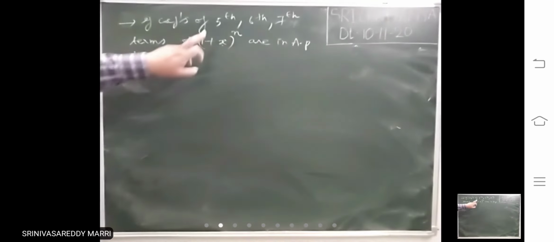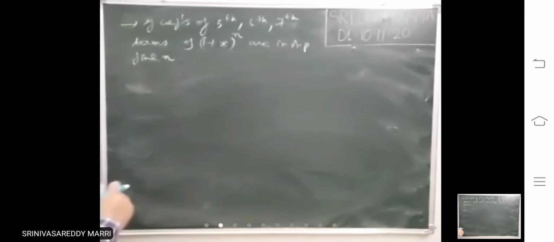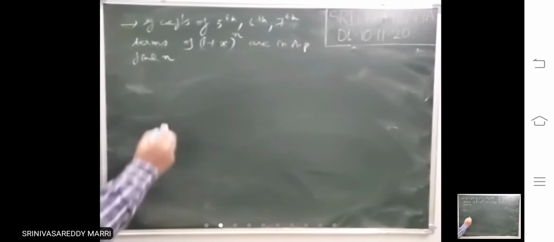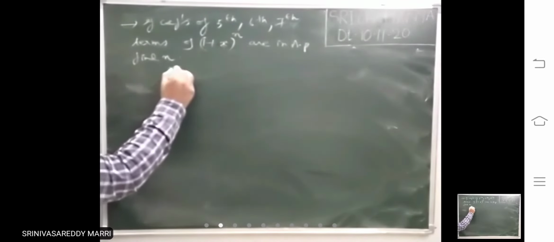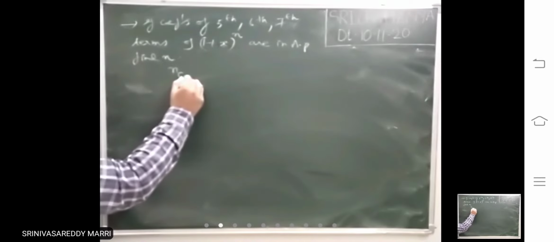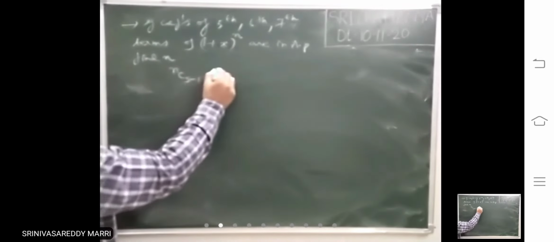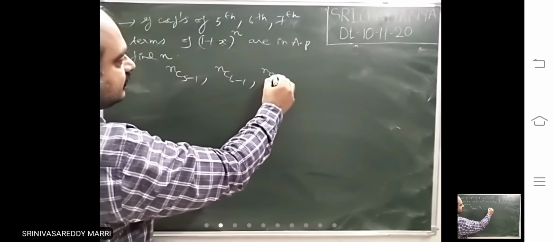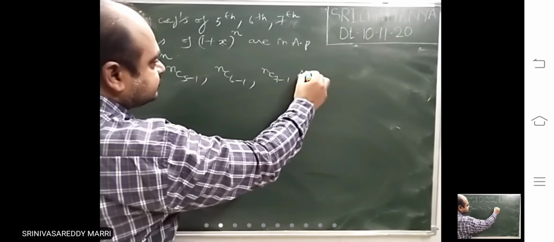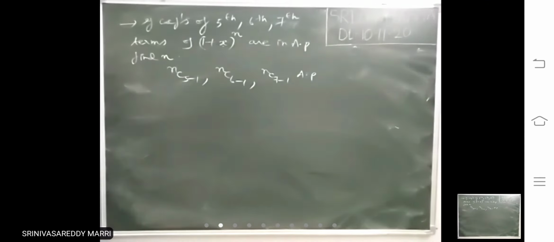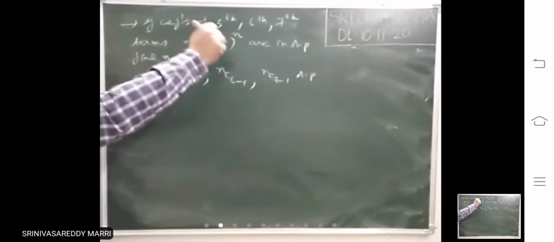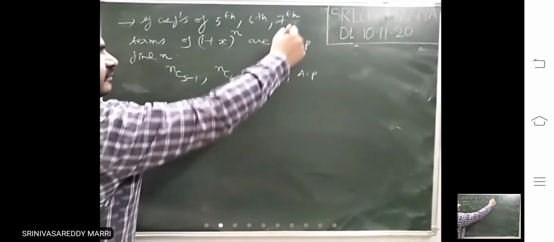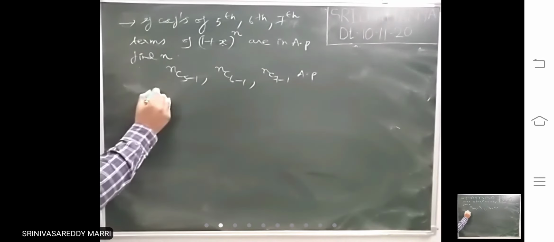So look at the coefficient of the fifth term. What is that? The coefficient of the rth term is nC(r-1). That means nC4, nC5, nC6 are in AP. This is the coefficient of the fifth term, sixth term, seventh term. I told the formula.